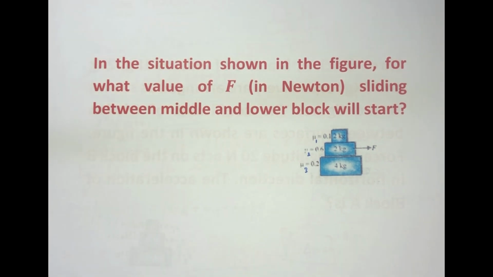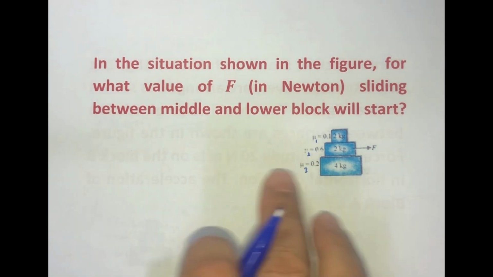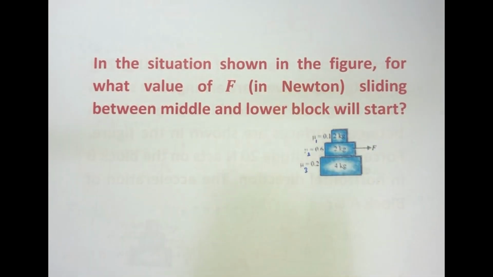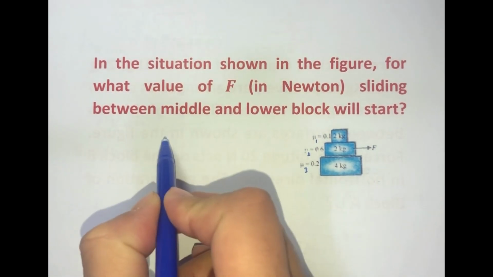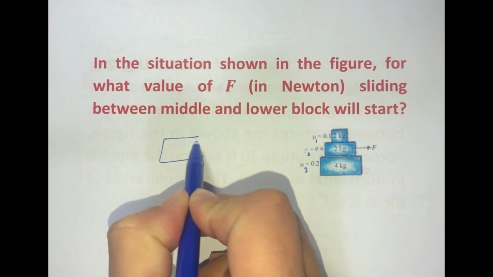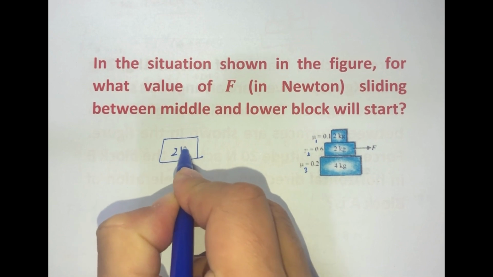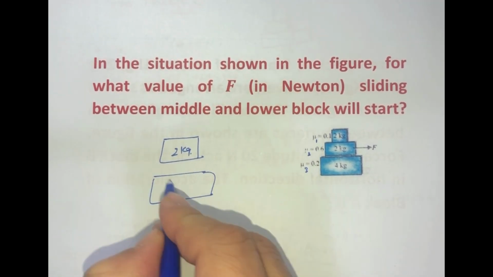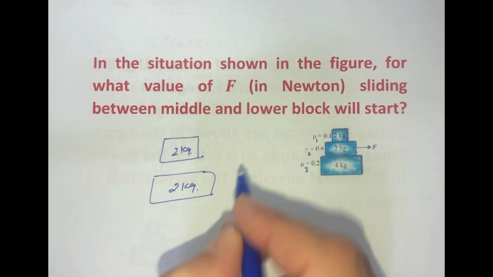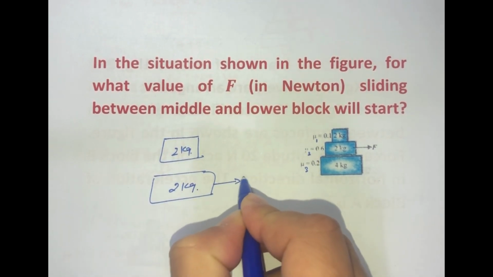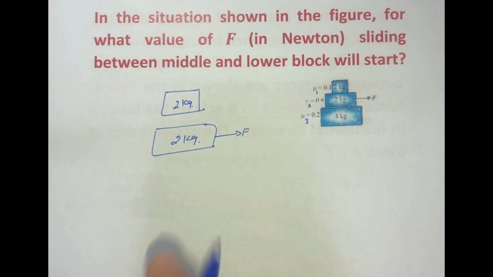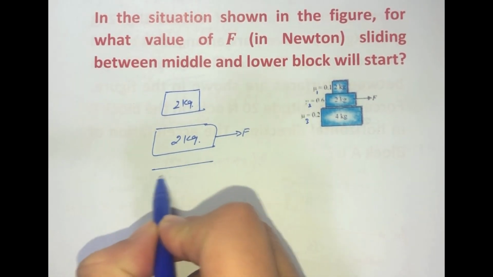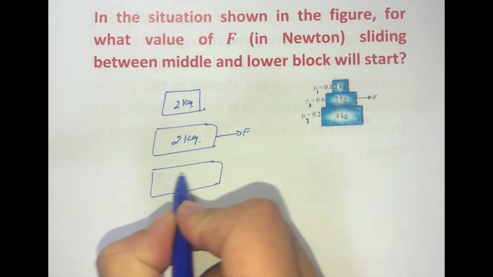So let us first of all draw the various frictional forces and how they will be acting with respect to each other. This is our 2 kg block. This is the middle one, 2 kg block. Force F is being applied on it. And this is our lower, last one, which is 4 kg.